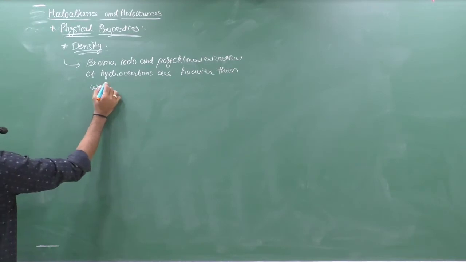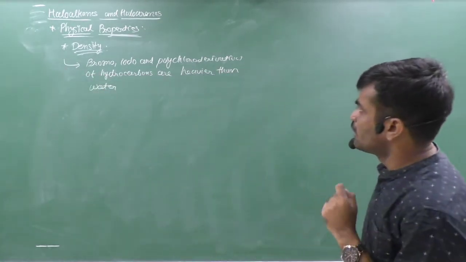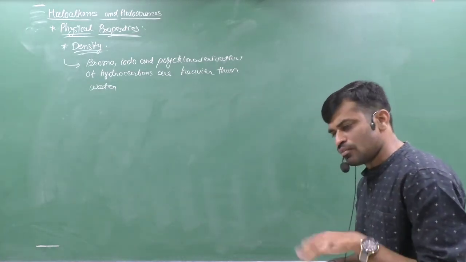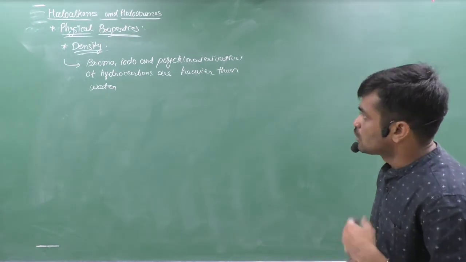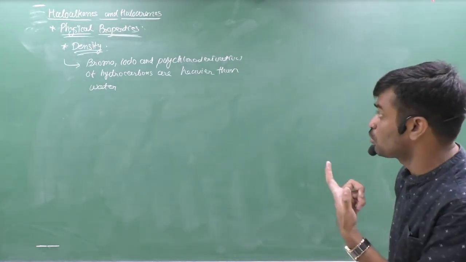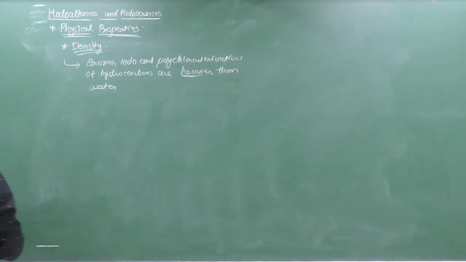Bromo, iodo and polychloro derivatives of hydrocarbons are heavier than water. It means if you have a bromo derivative of a hydrocarbon, an iodo derivative of a hydrocarbon, or a polychloro derivative, meaning more than one chloro, it is heavier than water.